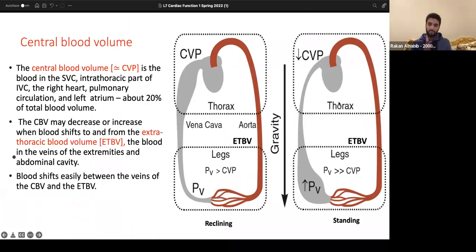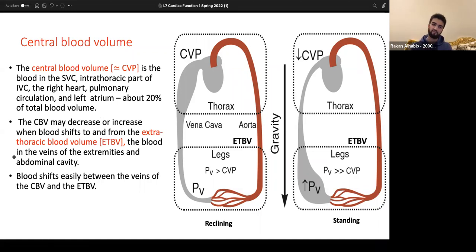Okay, and here he just says that there are two sets of blood volumes. The central blood volume, which is found in the superior vena cava, inferior vena cava, the right heart, the pulmonary circulation and the left atrium, is 20% of the total blood volume.